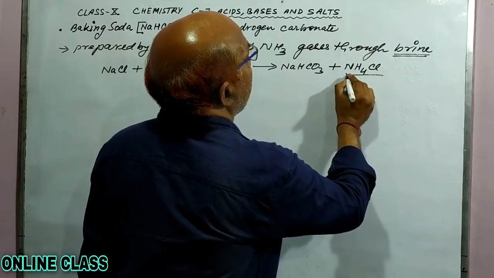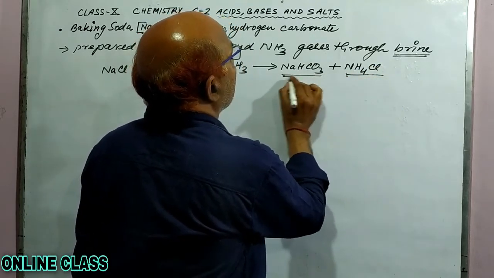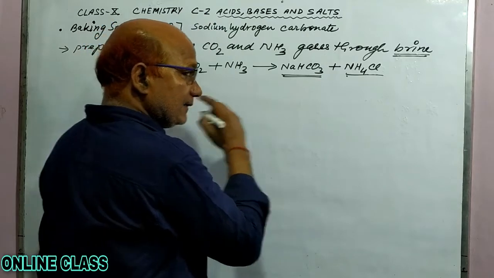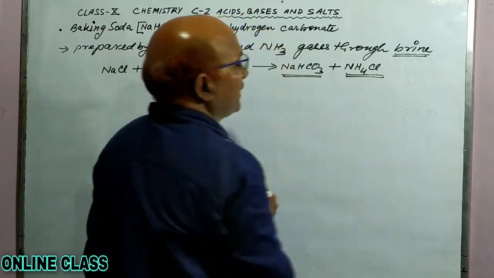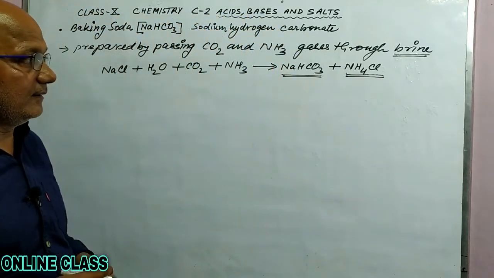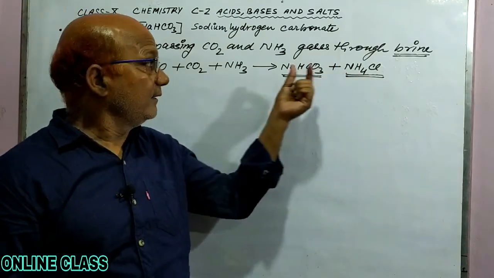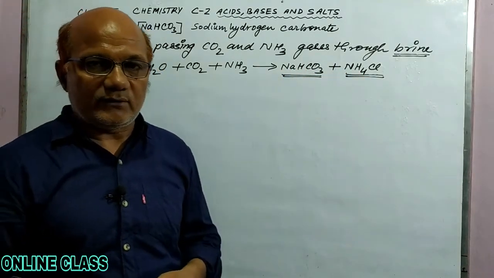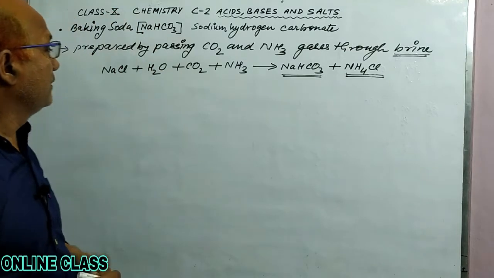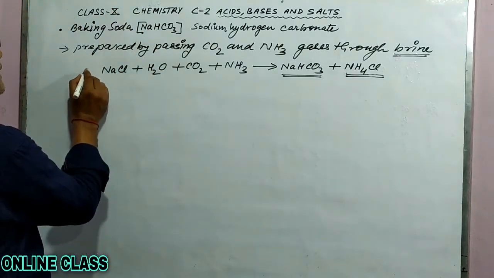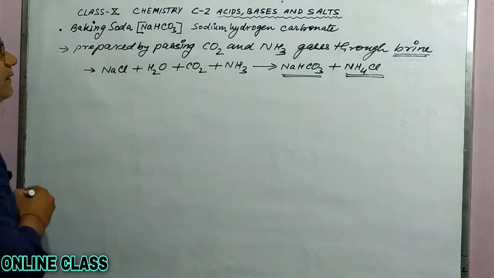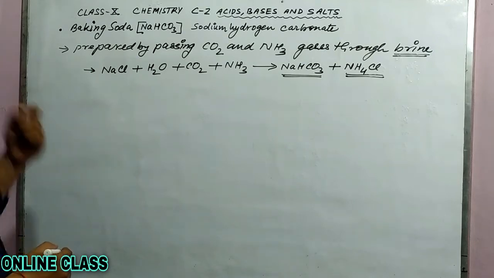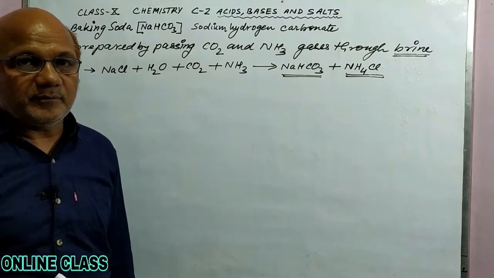This is our required product, and this is also important product during this reaction. This is ammonium chloride and this is sodium hydrogen carbonate. So, this is the chemical reaction by which baking soda is prepared.